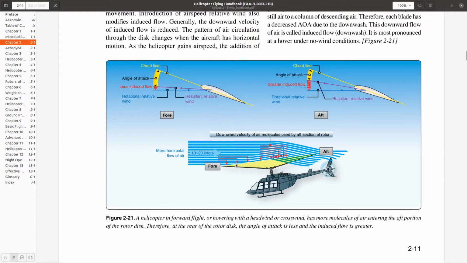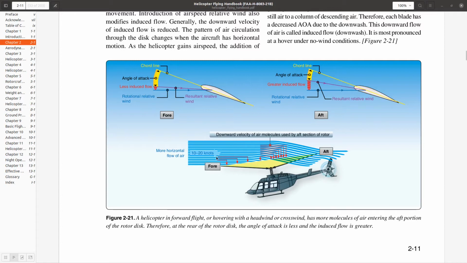Now, of course, it's going to get sucked down a little bit as well. So now you have this increased induced flow, which has the effect of reducing the angle of attack. When the angle of attack goes down, what happens? You produce less lift.